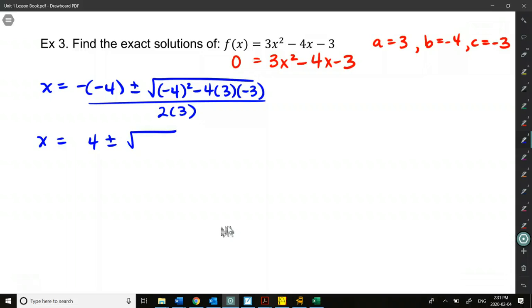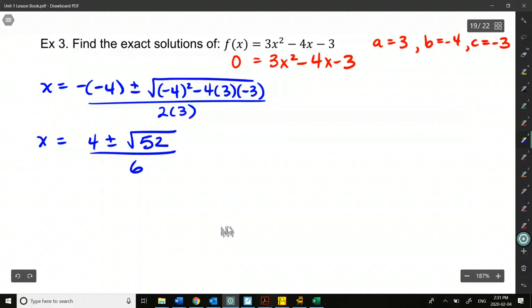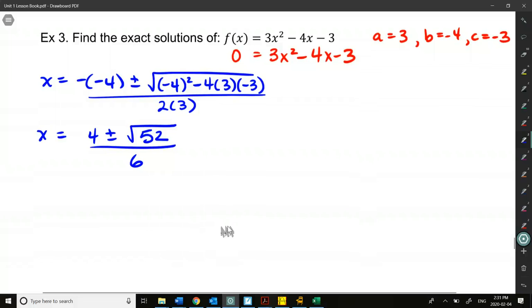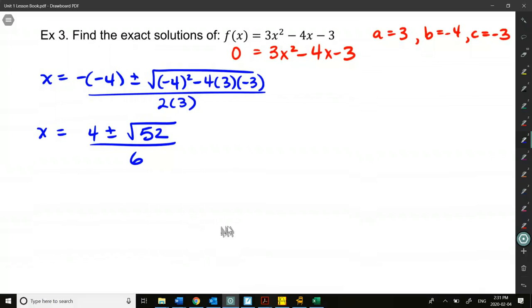All right, so we're going to get 16 plus 36 here, so you should get 52 under your root. All right, so we need to find the biggest perfect square, if any, inside of 52.